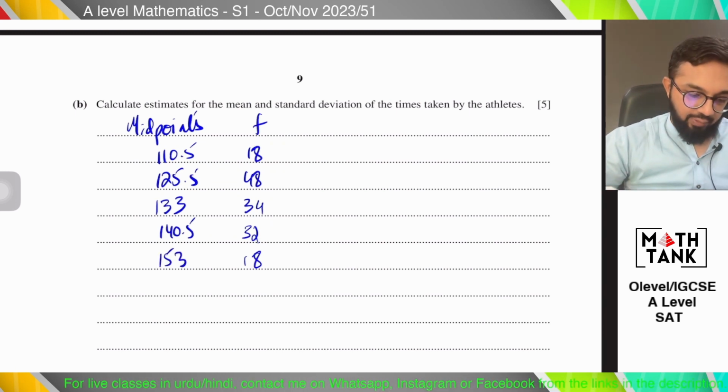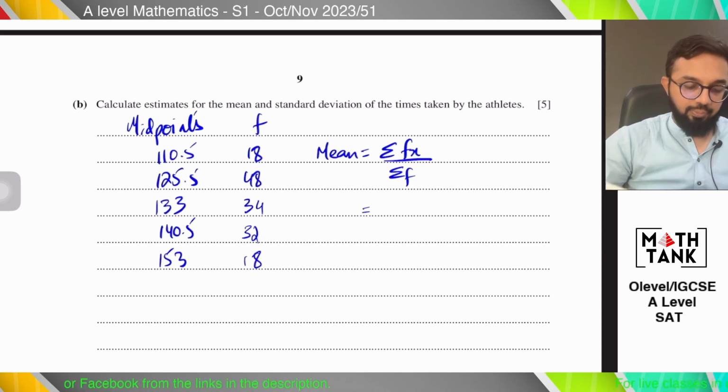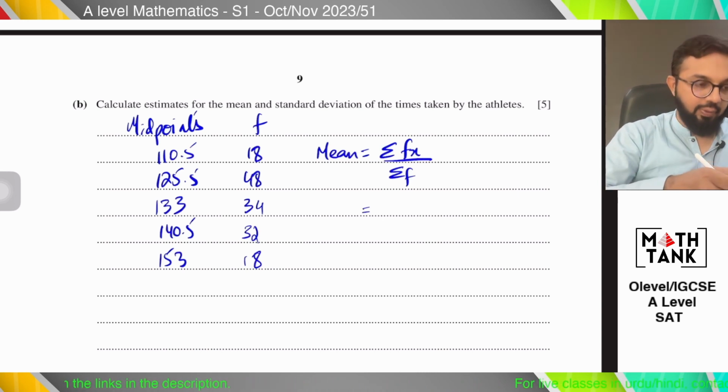153. Now that I have everything in front of me, the mean is equal to the sum of fx divided by the sum of f. Let's calculate 110.5 times 18 plus 120.5 times 48 plus 133 times 34. It's important to type it carefully.